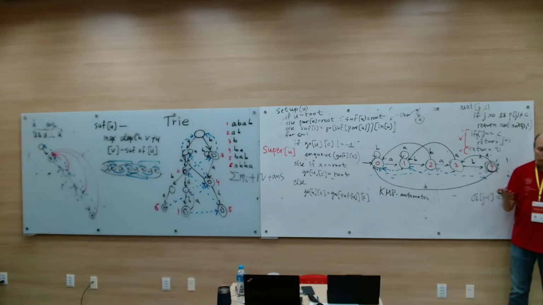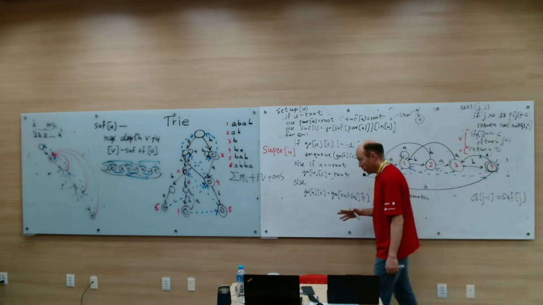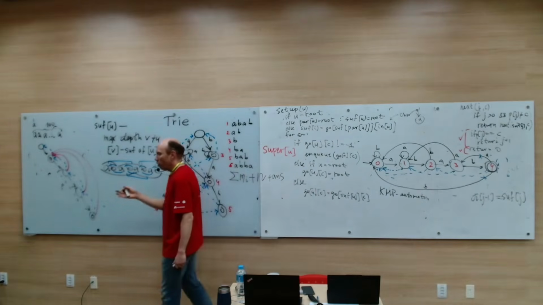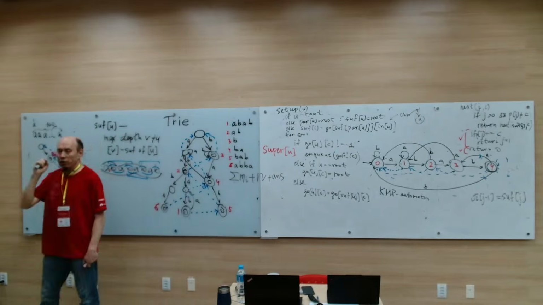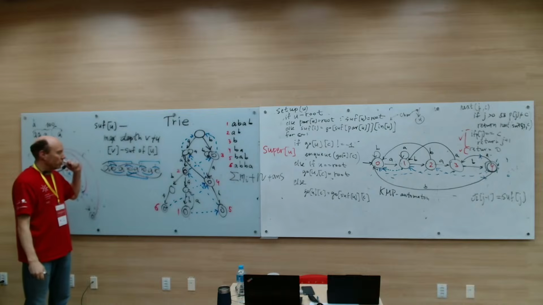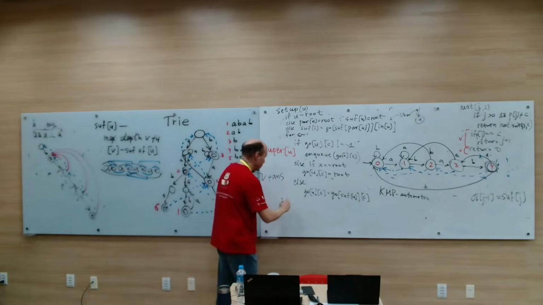There are some not so difficult tricks, like, in some sense, removing the terminal vertices or counting the number of terminal vertices that can be reached by suffix links. There are tricks, but let's solve the general problem. So how do we calculate super suffix links? Very easy.